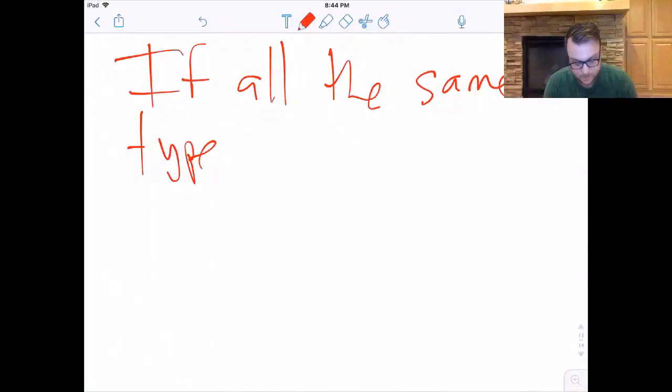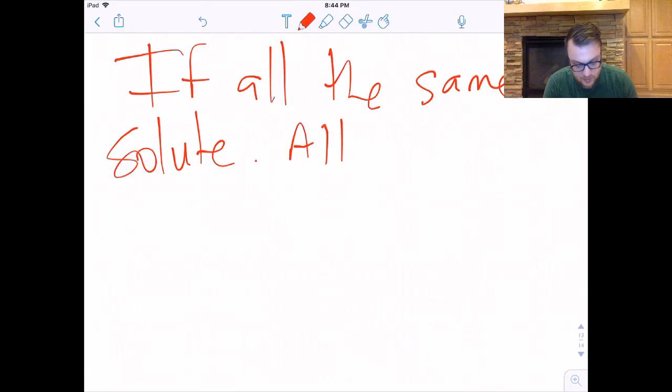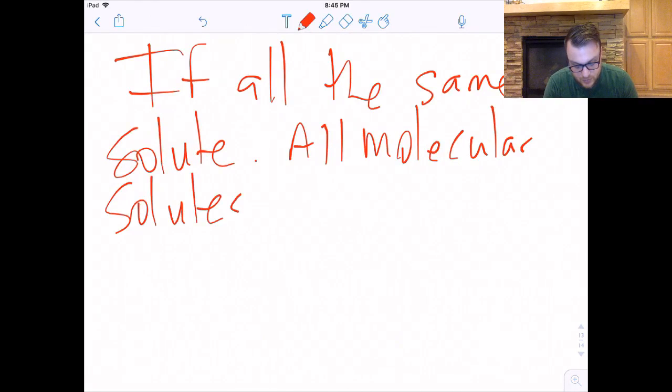When I say molecular solutes, I mean non-metal solutes. More moles equals lower freezing point, higher boiling point. So the more you dissolve, the lower the freezing point will go, and the higher the boiling point will go.